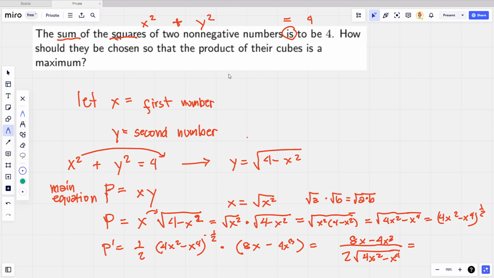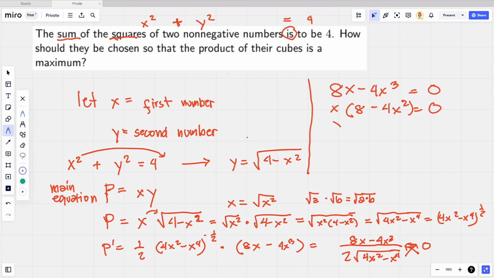But then we equate this to 0 so that we could find the value of x. So when we cross multiply, the denominator will become 0. So we'd have 8x minus 4x cubed equal to 0. Solving for that, we could factor out x: x times 8 minus 4x squared equals 0.